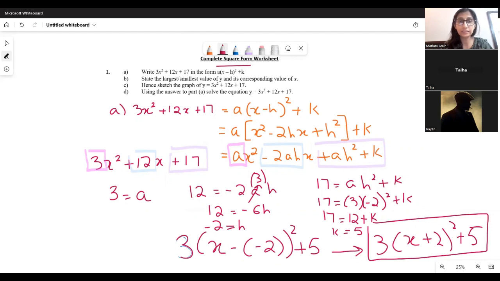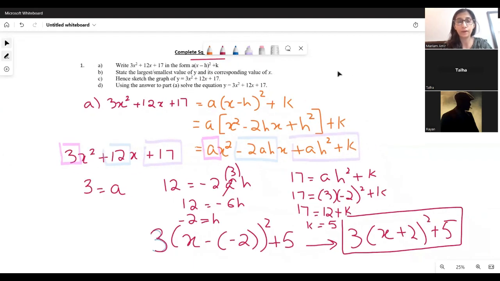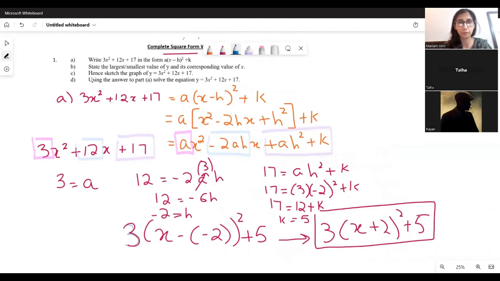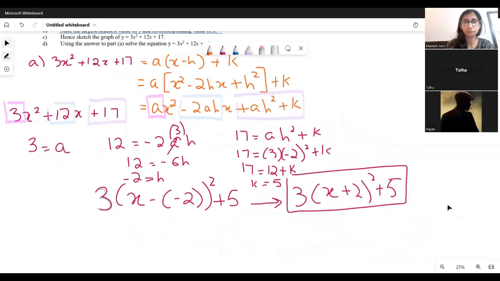Part B, state the largest or smallest value of y and its corresponding value of x. They're asking you to find the coordinates of the turning point. So what you do for that, you equate this bracket to 0. What do we get when we equate x + 2 to 0? x is equal to −2.